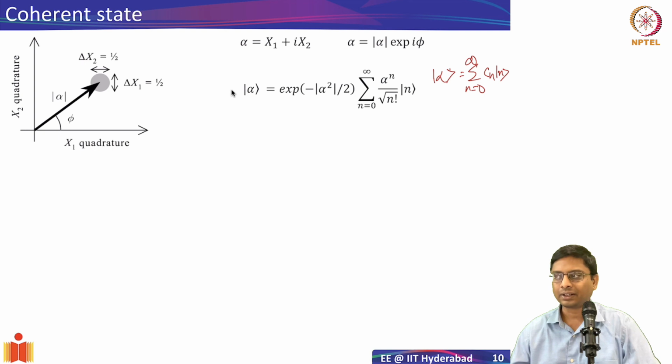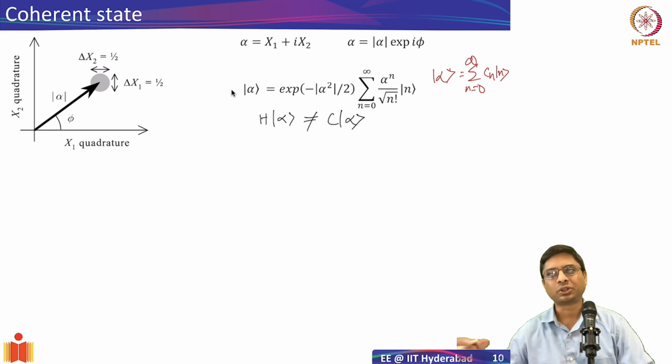One of the important things I want you to realize is that this coherent state alpha is not an eigenfunction of the Hamiltonian. So if I take H, the Hamiltonian operator, acting on alpha, it basically has A dagger A plus half, right? That's the Hamiltonian operator. If you have that acting on this, you will quickly see that this will not be equal to some constant times alpha. We can easily show that because we know A dagger A plus half times H cross omega is my Hamiltonian.